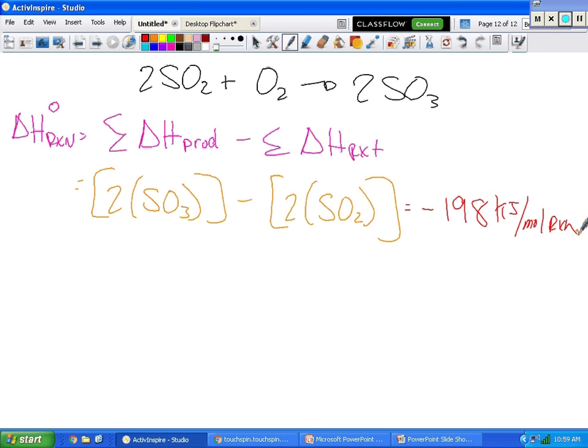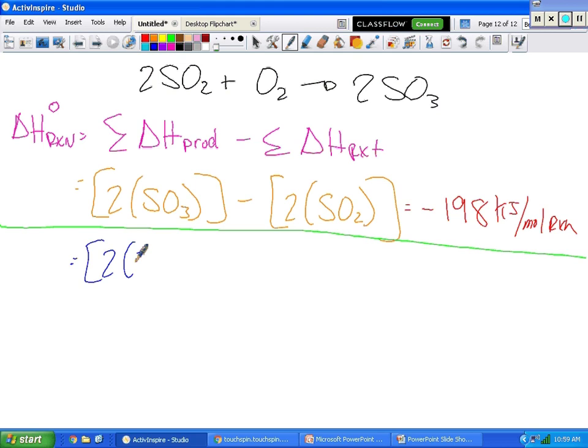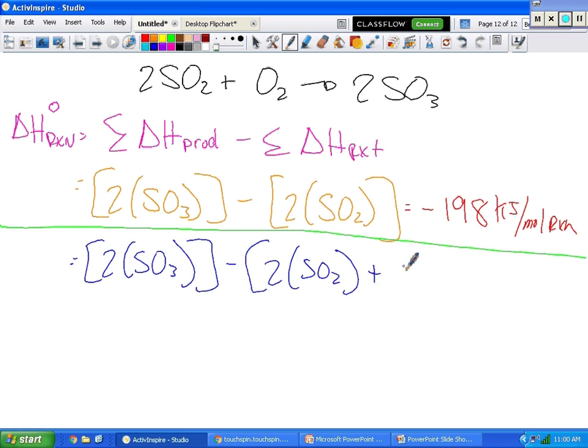Now, so that is all for delta H. Delta S is a little similar, but this time it's going to be 2 SO3 minus 2 SO2 plus O2. You've got to kick in that O2 value. So it was almost the same math, but again, it was a little bit different on the other side.